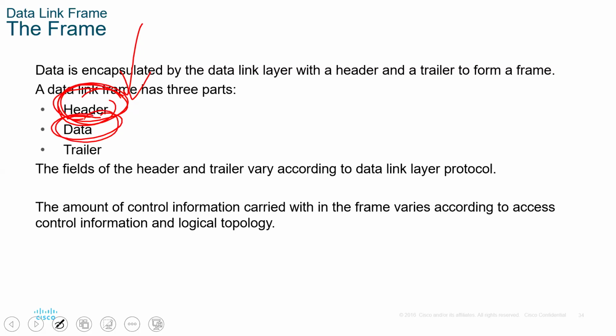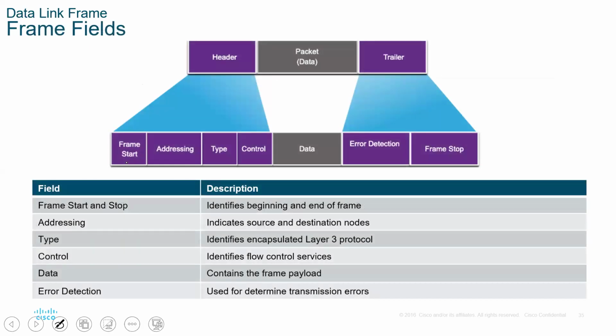The data includes information from upper layers, which is like the headers of other upper layers, including the data itself. Then the trailer is the one that takes care of the error detection. So that is how the frame is. You see the frame has the header, then the packet, then the trailer.